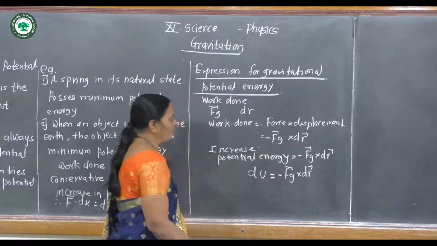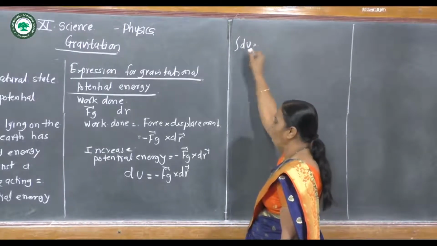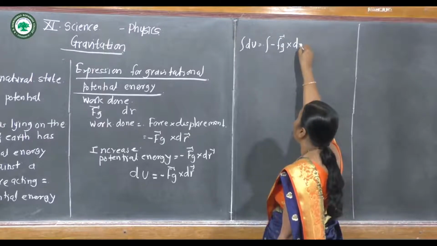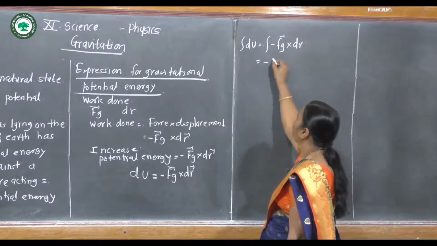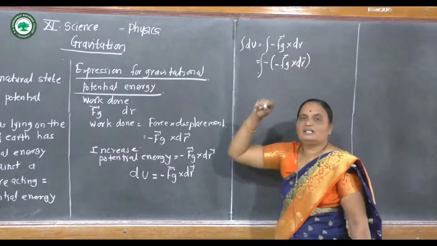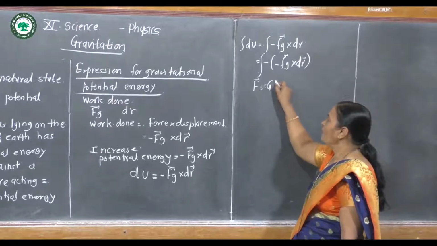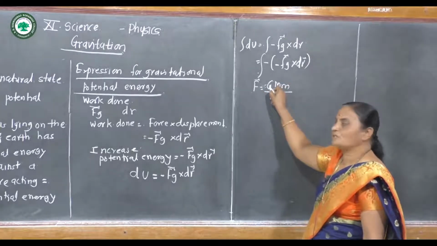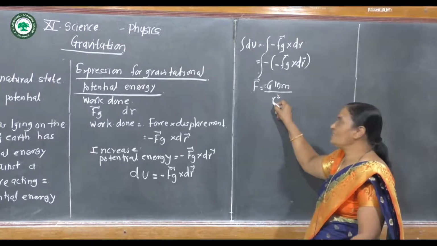Integrating both sides, we get the integral of dU equal to the integral of minus Fg dr. Now the force of gravitation, according to Newton's law, is F equal to G M m divided by r square, where F is the force of attraction, G is the constant of gravitation, M is the mass of earth, small m is the mass of the object, and r is the distance between the two objects.